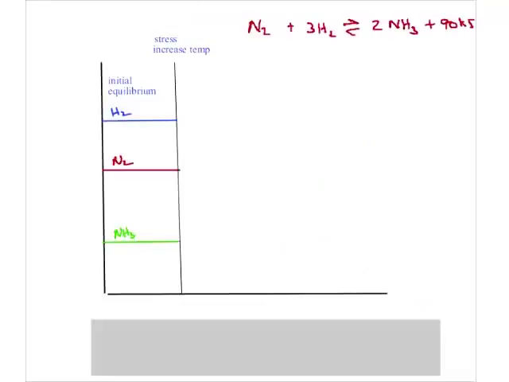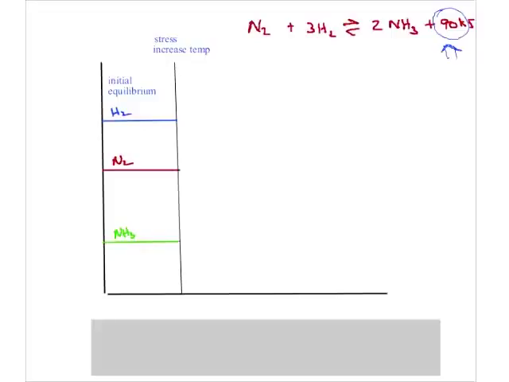Okay, if we look at this from a graphical perspective and we say, well, what's this graph going to look like here? We're not going to see any spike this time because we're not adding any nitrogen or hydrogen or, in this case, ammonia. We're not adding any of these reactants. What we're going to do is simply put this in a hot water bath. And we're saying, hey, if we put this in a hot water bath, we just made the energy much bigger.